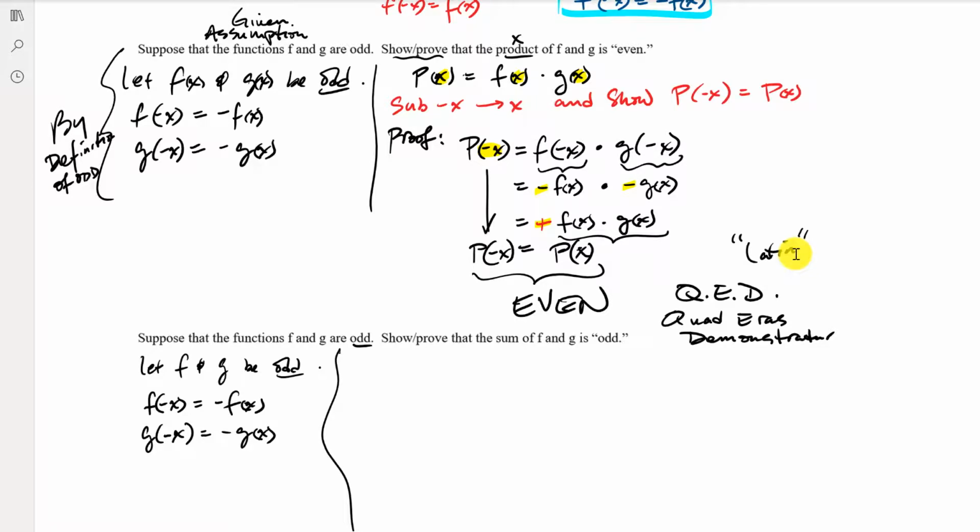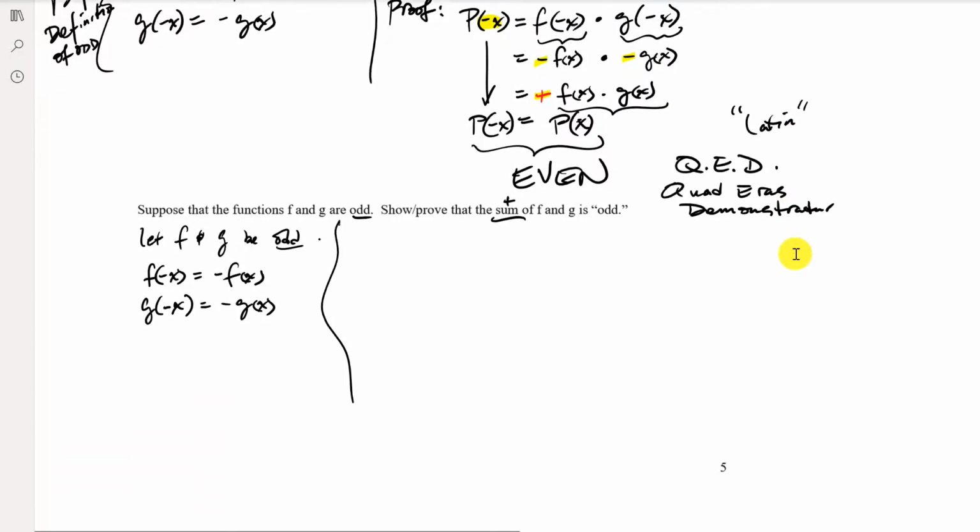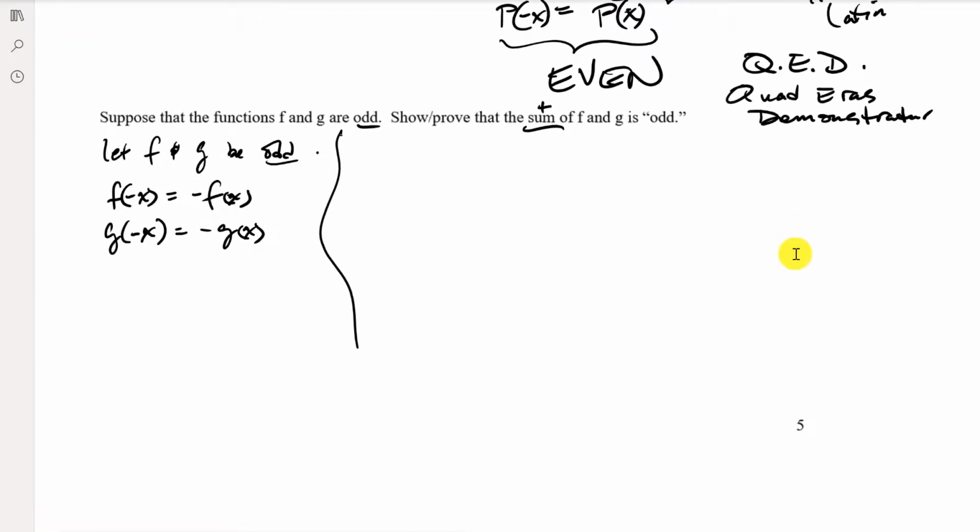Notice the similarity. I'm given two odd functions here, and we want to show that the sum this time, sum means you add them, that f plus g is also odd. So an odd plus an odd is giving you an odd. Well, let's check that out. I'm going to use s instead of p for the product function, s for the sum function.